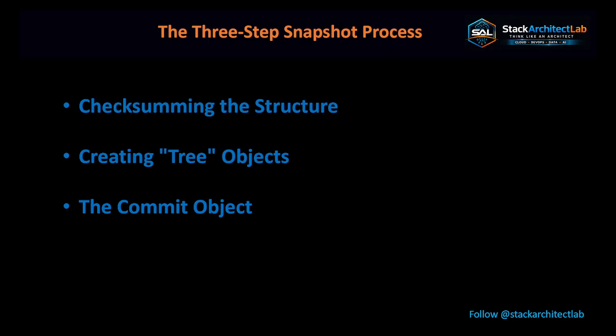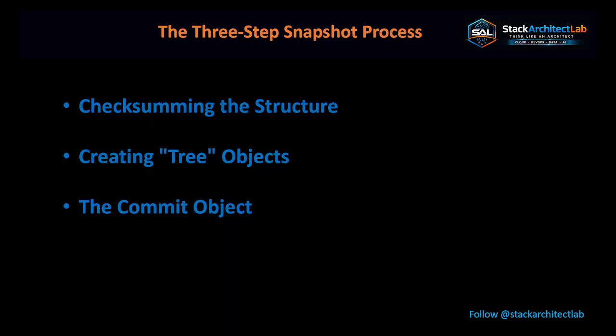The third thing you get is the commit object. Finally, Git creates a commit object, which is the wrapper that contains all your metadata: who wrote it, when and why, the commit message, and a pointer, the direct link to the root tree object, allowing Git to perfectly reconstruct every file and folder in your project from that specific point in time.